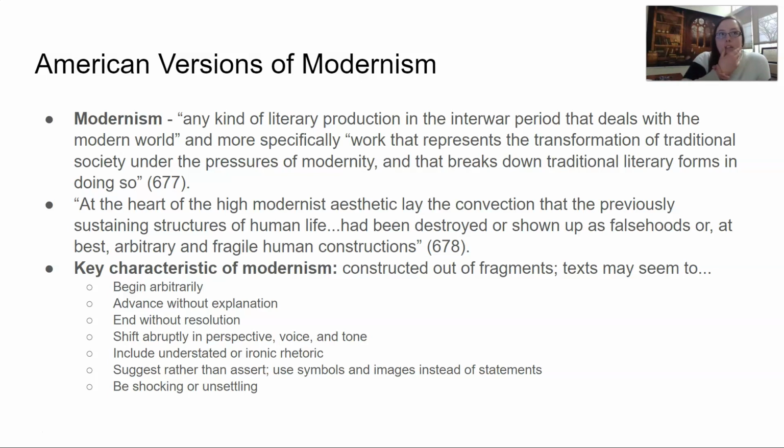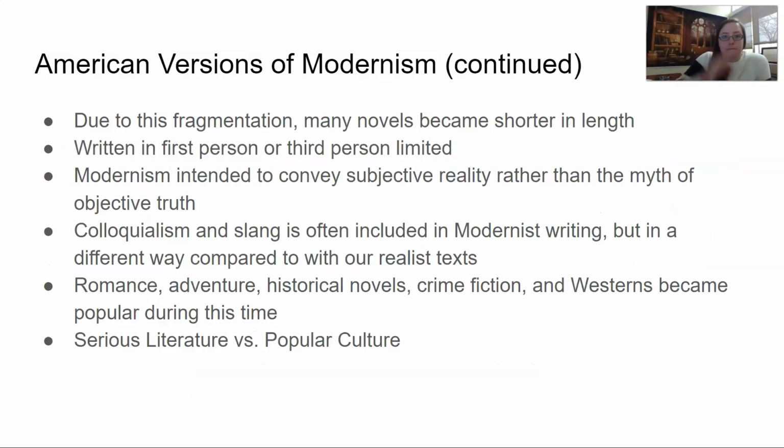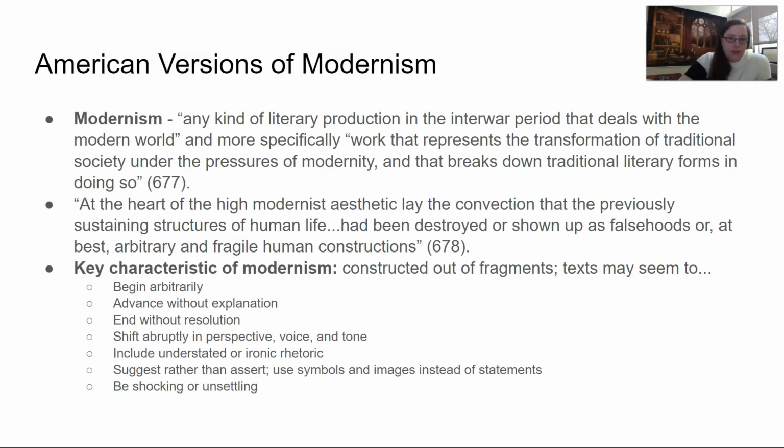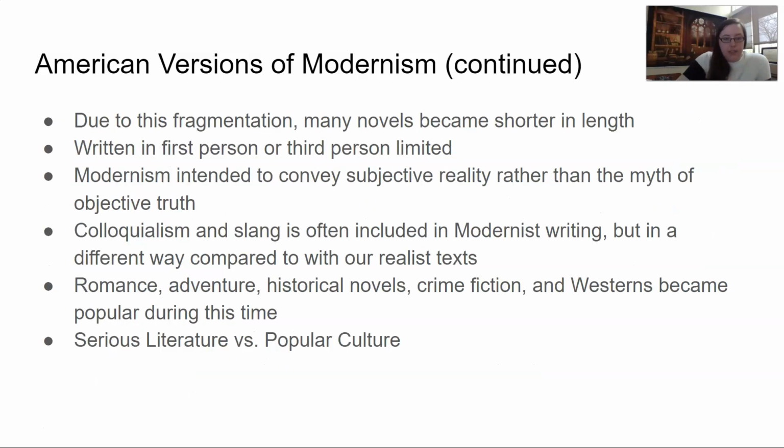So I think there's still some element of naturalism that is going to carry over in some ways through the modern period. This is our biggest section in the chapter. Sorry, I'm going to go back a slide. This is the concept of modernism and modernist texts being constructed out of fragments, with what you see listed here.